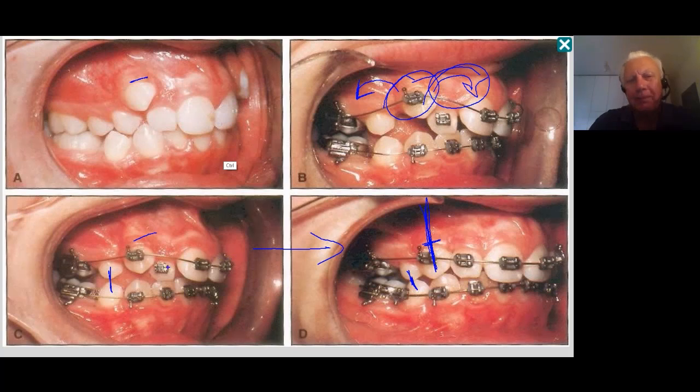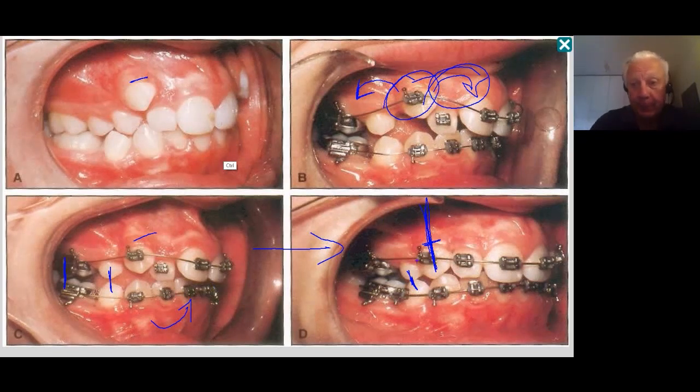I mean, the patient chewing here is reintruding this area and is overcoming the pre-contact, and now the mandible is going to rotate back forward, and this gets better.